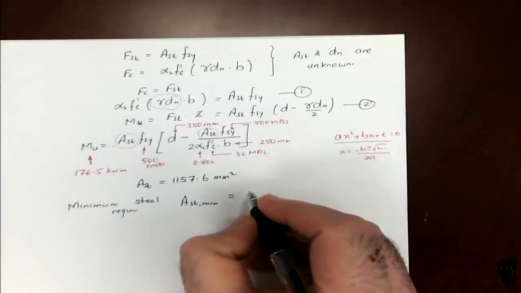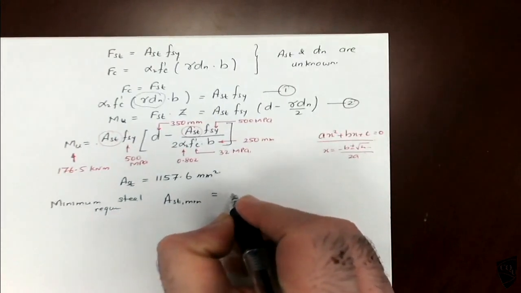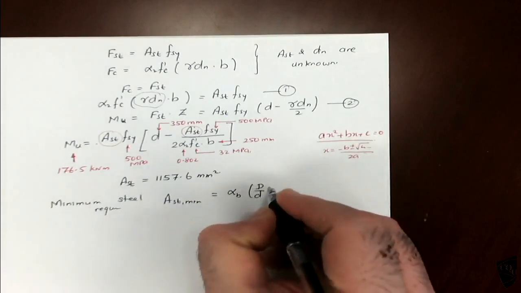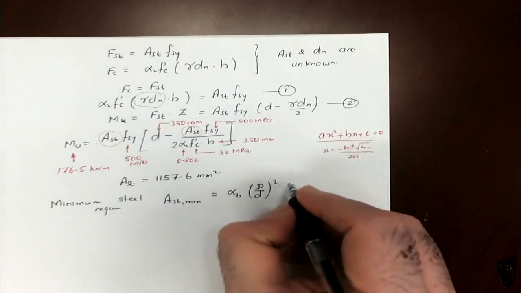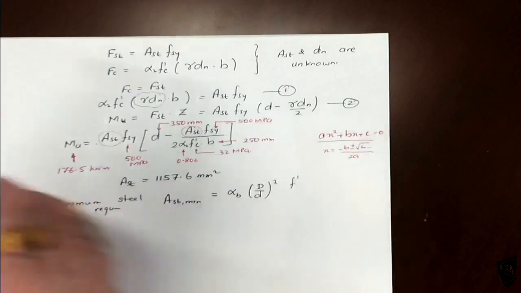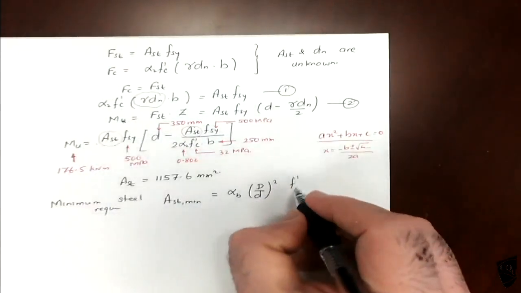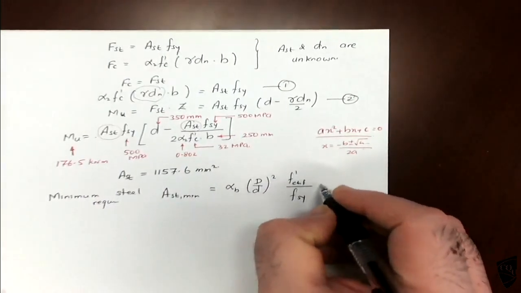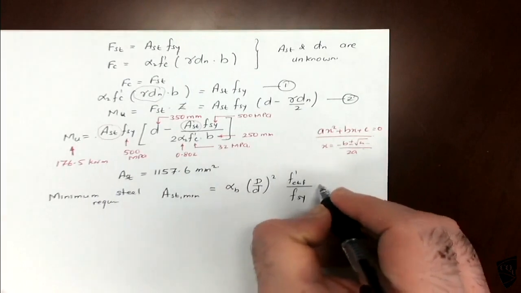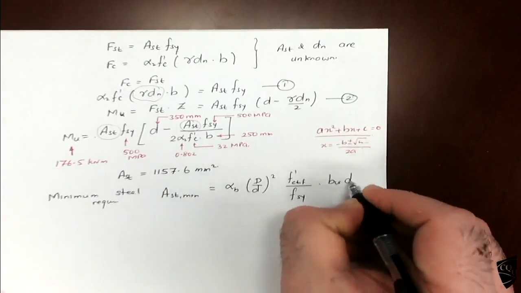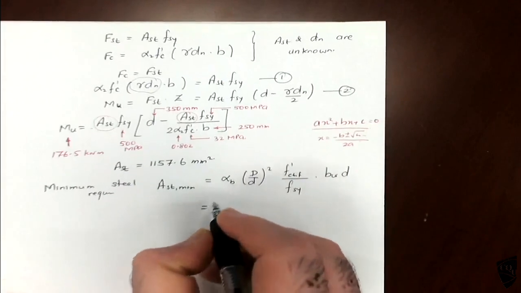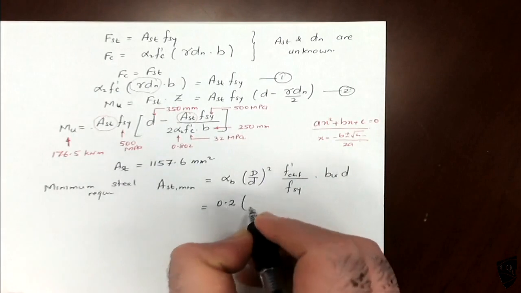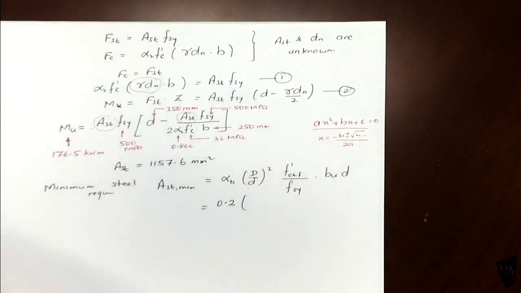That is given by alpha times (D over d) squared times f'ctf over fsy times b w d. Substituting, 0.2 for a rectangular section, capital D is 450, I think.